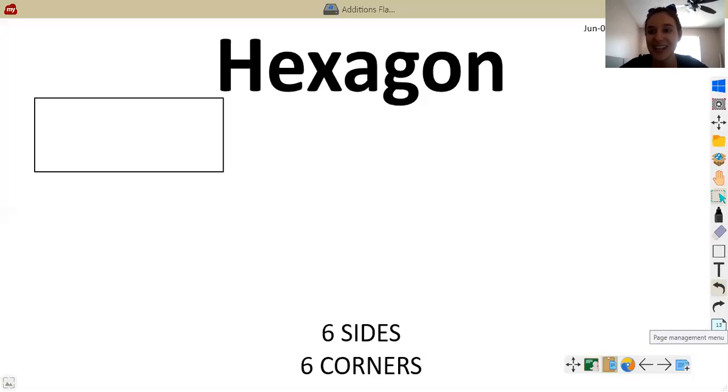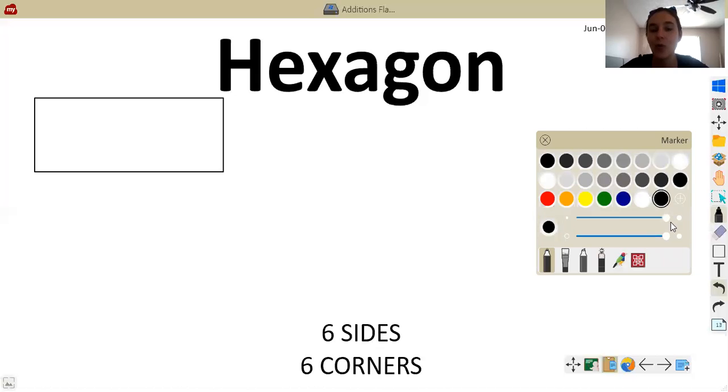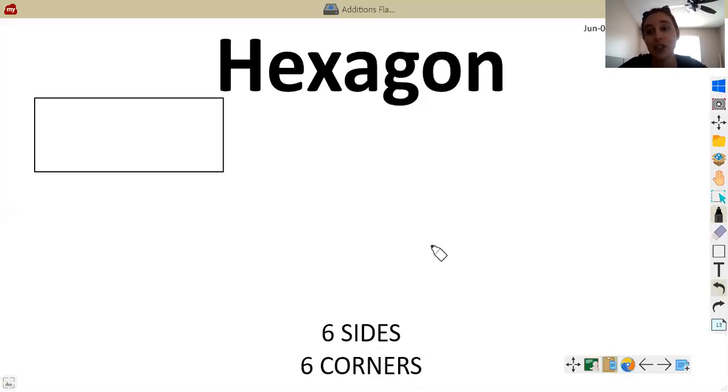All right, scholars, now that you guys did your hexagon on your paper yourself, let's go ahead and do it together. So first, I said we needed to draw our 6 corners. So I'm going to go 1, 2, 3, 4, 5, 6. Then I said to connect the corners using your straight line.